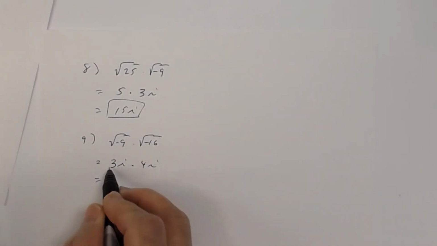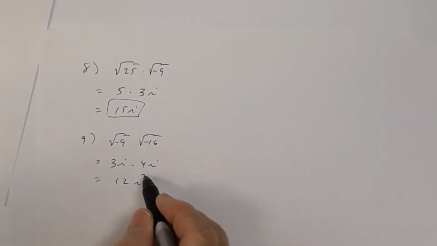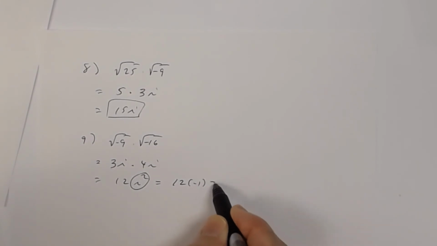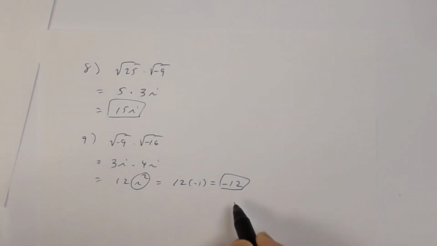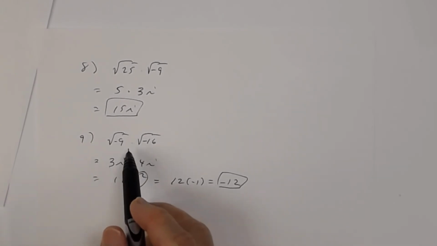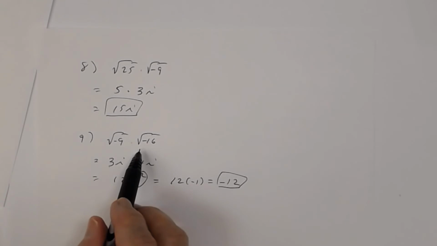And then remember, 3 times 4 is 12. i times i is i squared. i squared is negative 1. So this is 12 times negative 1, which is negative 12. And that's the answer. So if you had multiplied the radicands first, you would have gotten a positive 12, which is incorrect. You're supposed to have a negative 12. So just be careful when both the radicands are negative.